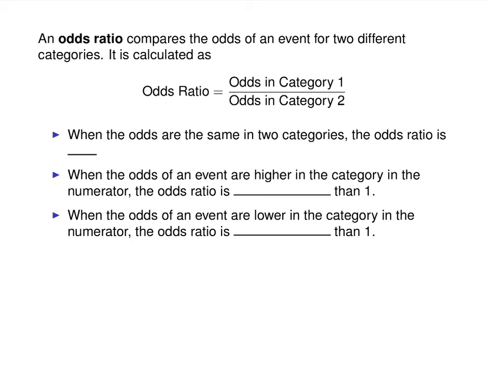And then the odds ratio, it takes these odds in various categories, in these 2 categories, like 2 to 1 and 3 to 5, and it computes a ratio of those 2 things. We won't do very much with this one, just thought it was good to expose you to what it is. So when the odds are the same in 2 categories, what is this odds ratio going to be? 1.